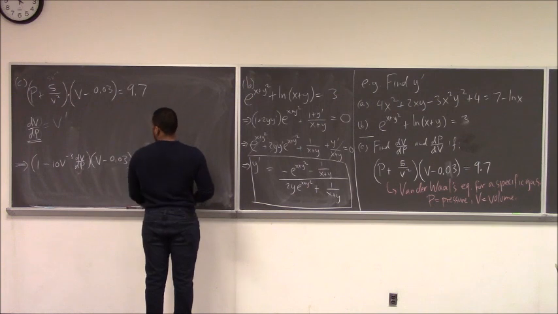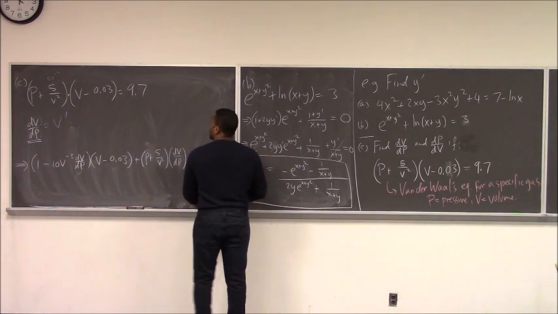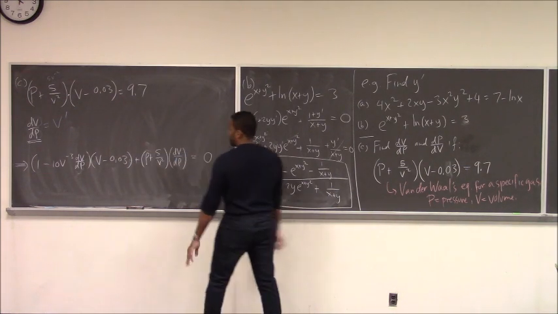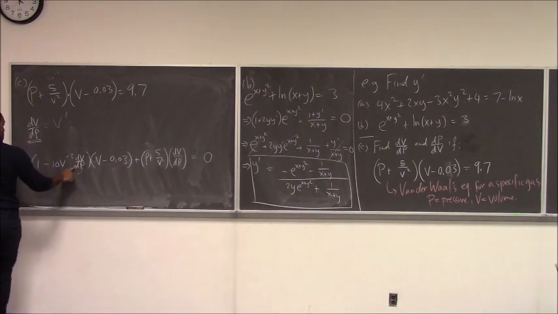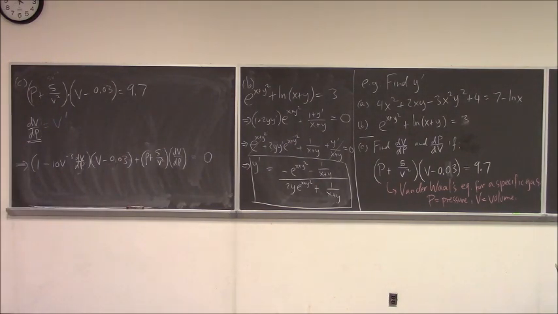Then differentiating that guy, well, that's going to be dv dp equals 0. So whenever I differentiate the v, I multiply it by dv dp because the chain rule takes effect. My p is the independent variable. I want to think of the volume as a function of pressure.